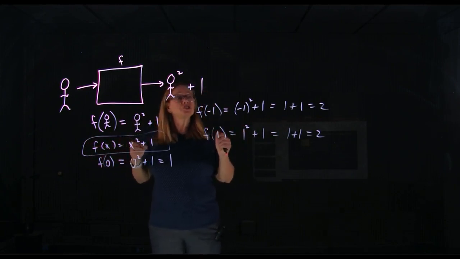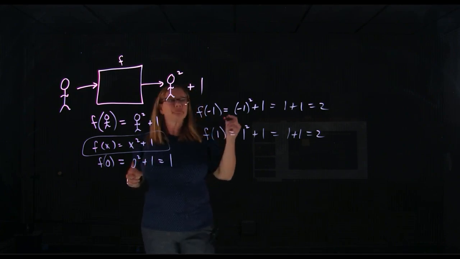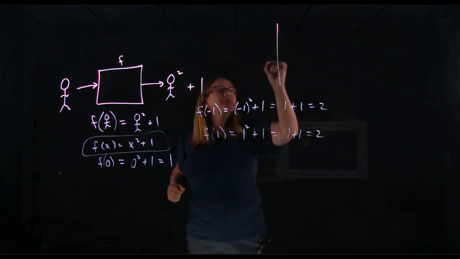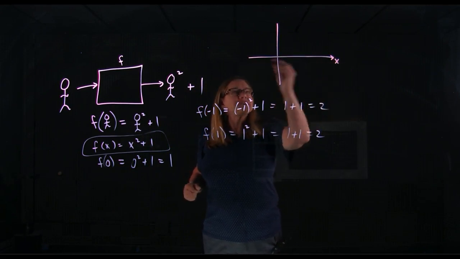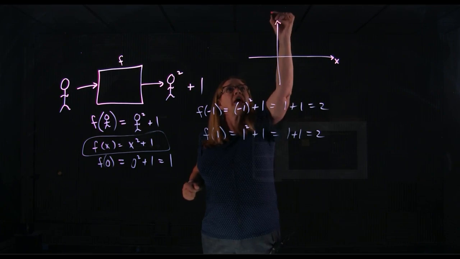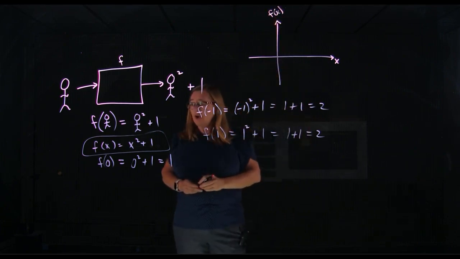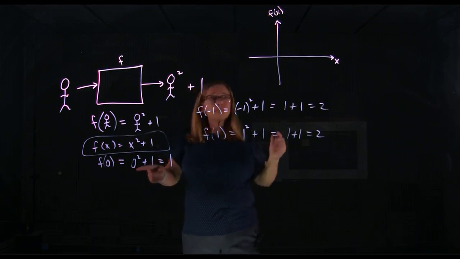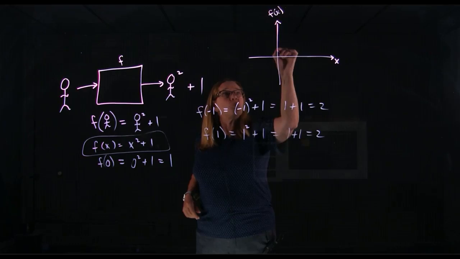But if I want to describe it graphically, then I could create a graph. So I'm just going to put the graph over here. Let's say I'll make the x-axis be my input, and my height, or y, is going to be the output. So I will put some points in. When I did 0 for my x, I got a height of 1.